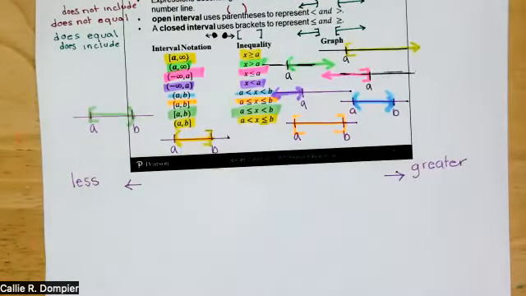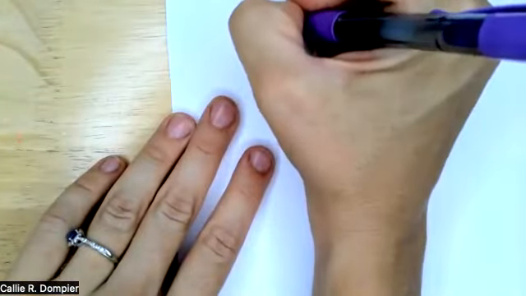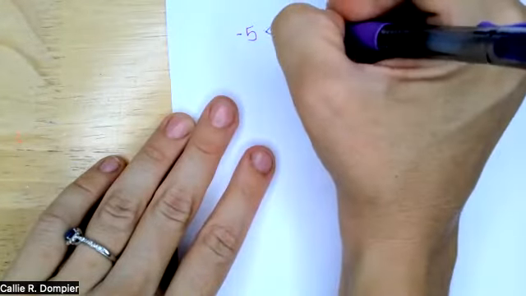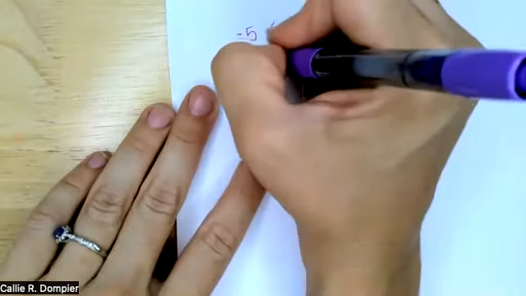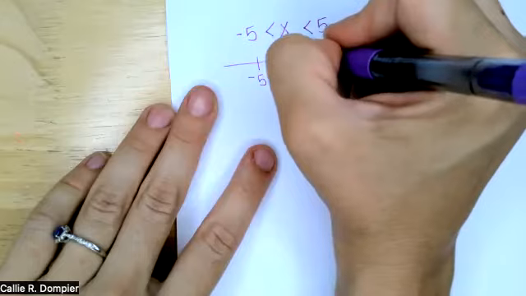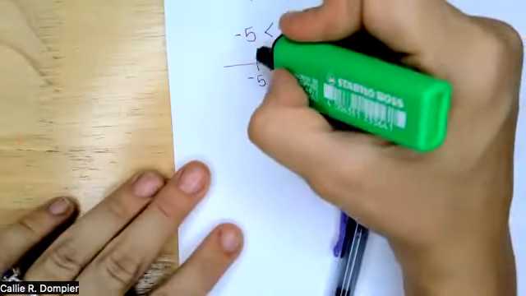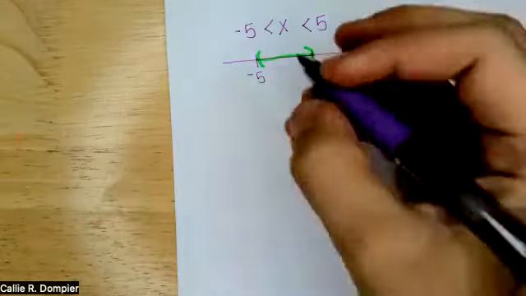Good. So if we had x is greater than -5 and x is less than 5, right? Then we would just have something like this.